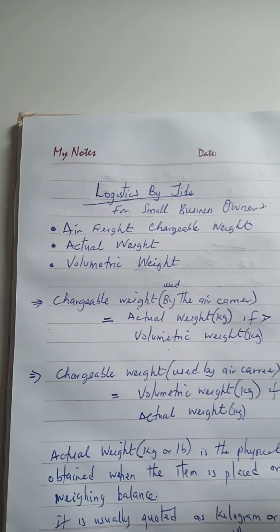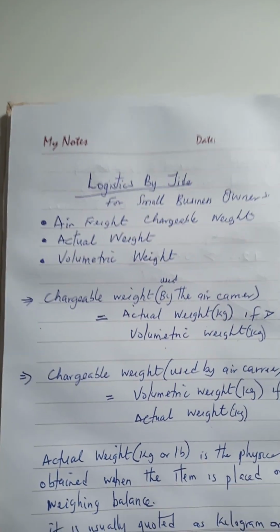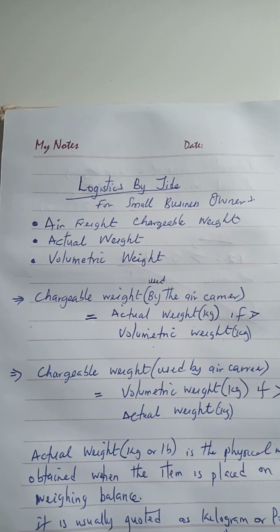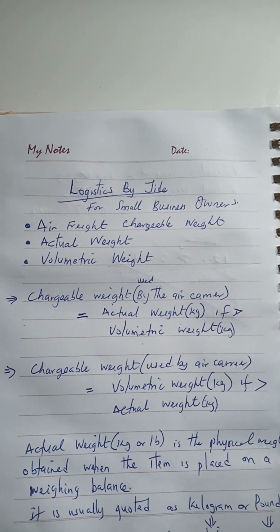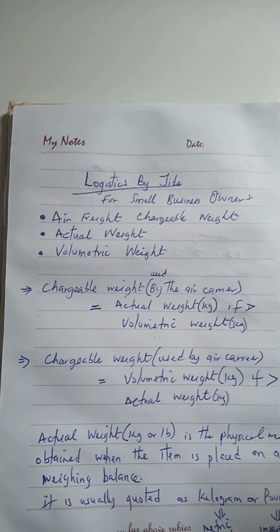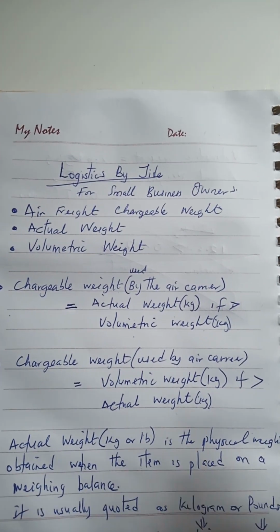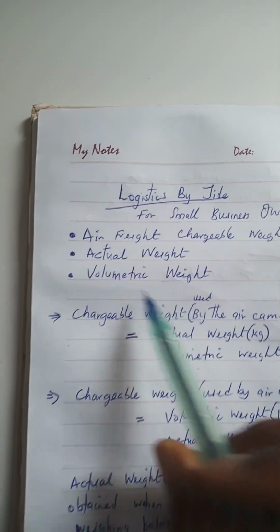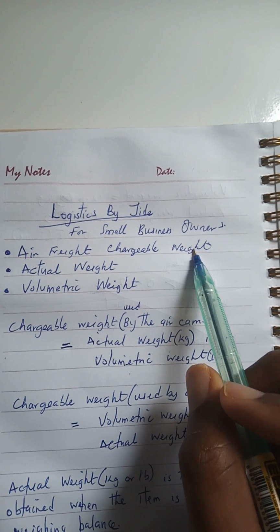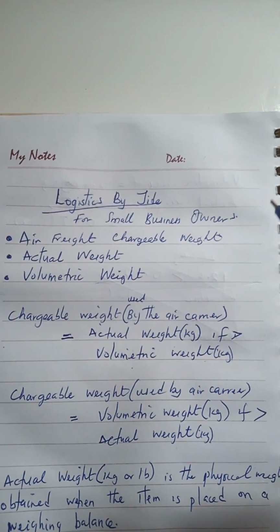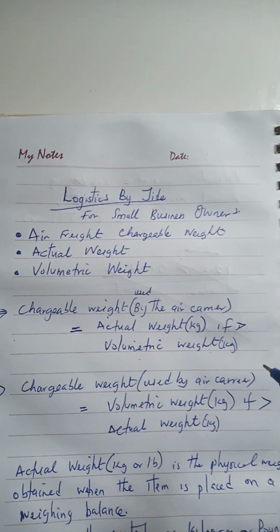Now, how will your air freight be charged? One thing is that air freight is charged by weight, but there are three types of weight, and this is what I want to look into today. The first one is chargeable weight. This is the weight that your items will be quoted on.